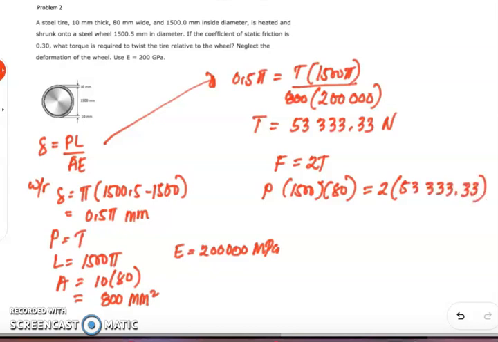And our internal pressure is equal to 0.8889 megapascal.